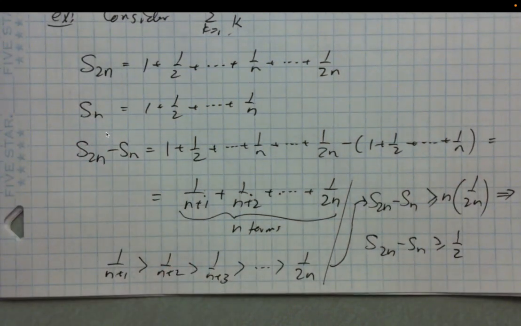Now, that's obviously not a Cauchy sequence because n is just an arbitrary index. No matter how far out I go, you're always going to have these gaps that are greater than or equal to 1/2. A Cauchy sequence, the terms have to get closer and closer together. In this case, the terms don't get closer and closer together. So this is obviously not a Cauchy sequence, and that being the case, the series does not converge.